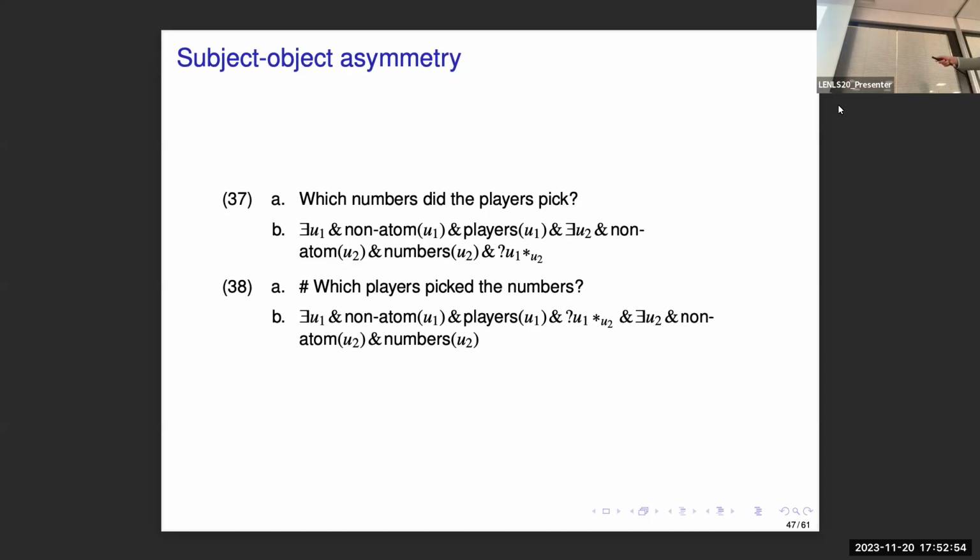But still, this kind of asymmetry is reported in Johnston, and now I'm trying to do things without movement and trace. But if you say it's anaphoric in some sense, this follows because you have to associate from left to right in this case.